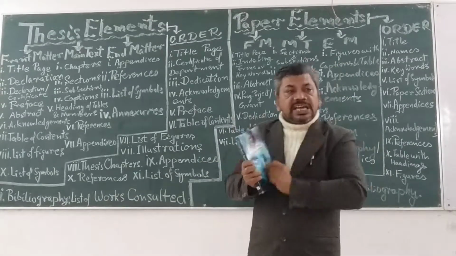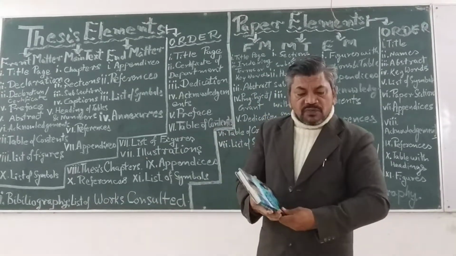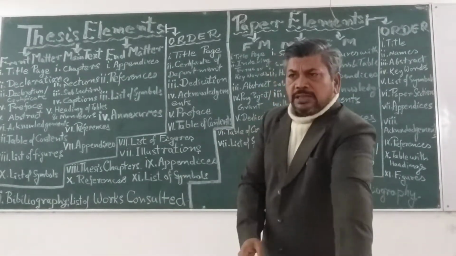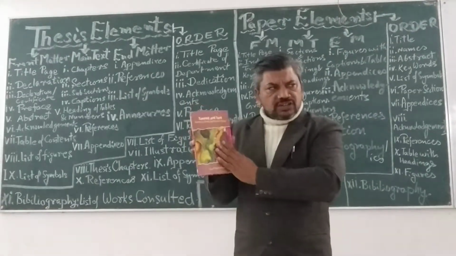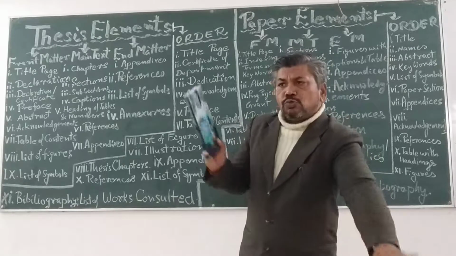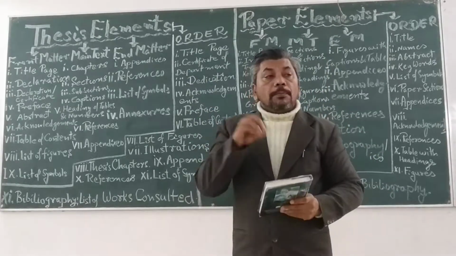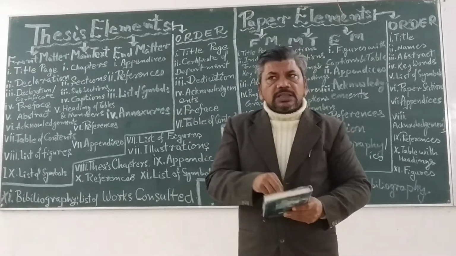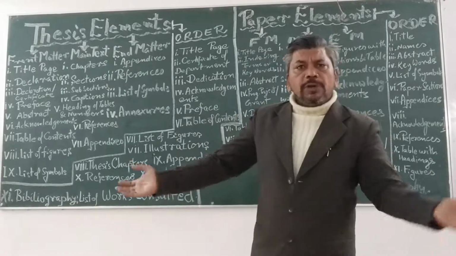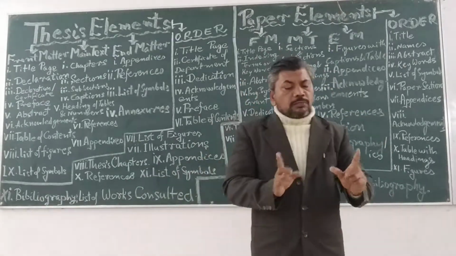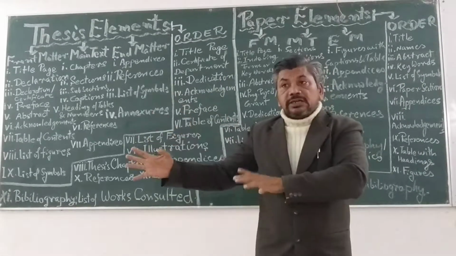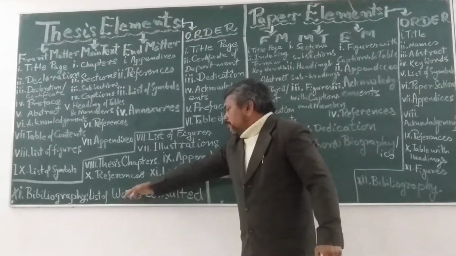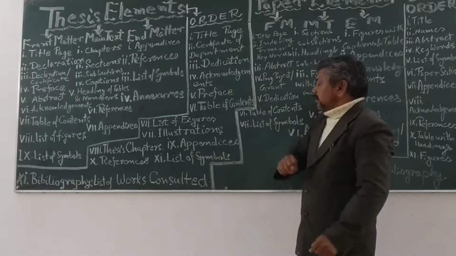But in the bibliography, if I have gone through a book and studied it in the process of my research but have not directly used it in my research work, that is part of the bibliography: the list of books consulted but not directly cited. That is the exact meaning of bibliography.